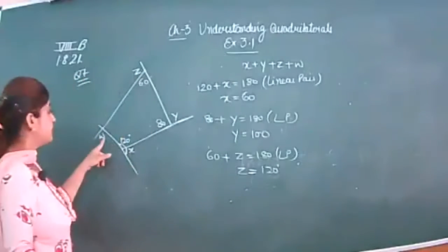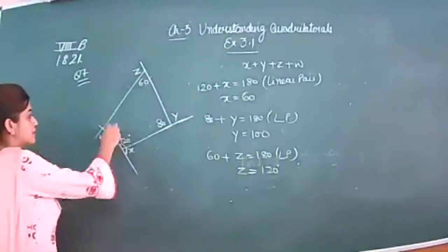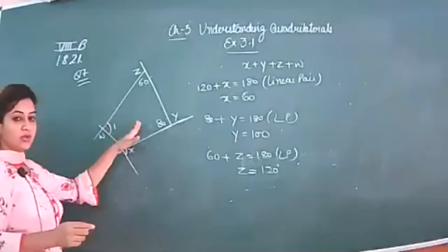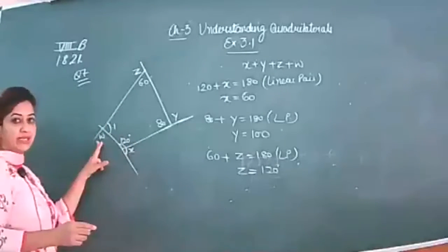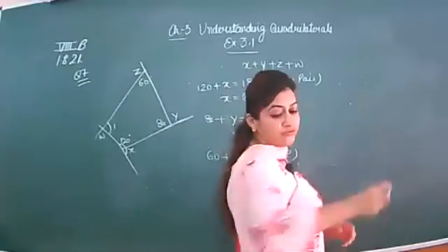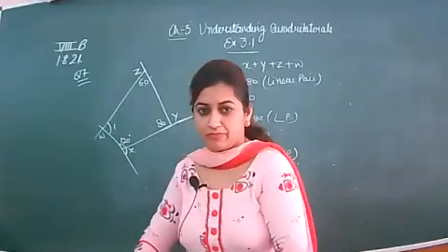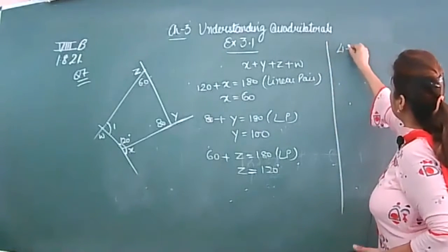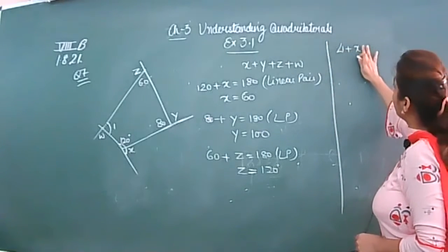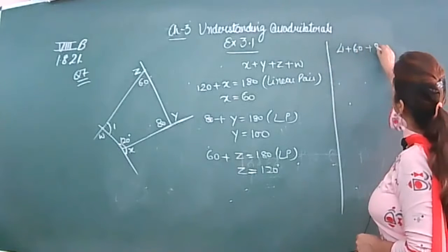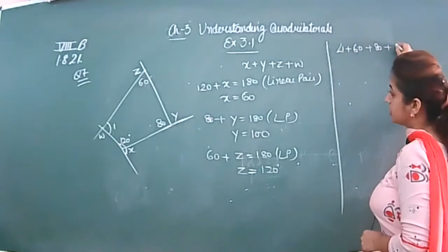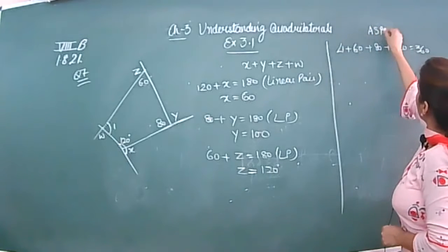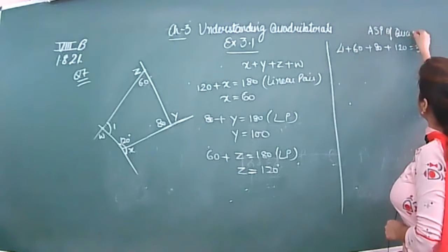Now find w. How will you find w? Firstly, you will find this angle 1 by using the angle sum property inside the quadrilateral. Then after getting angle 1, you can find w. Angle 1 plus 60 plus 80 plus 120 is equal to 360, angle sum property of quadrilateral.